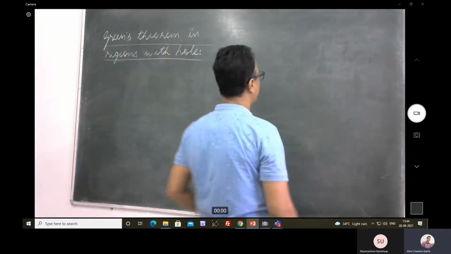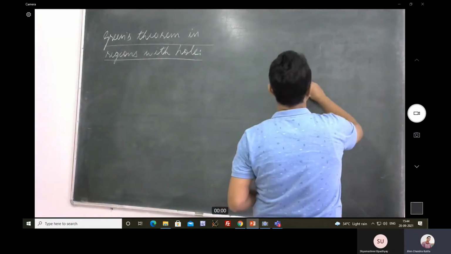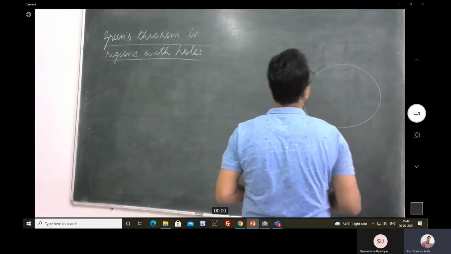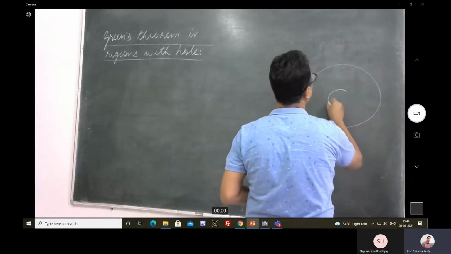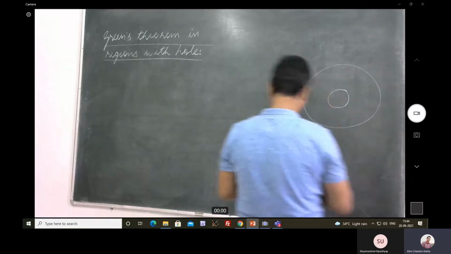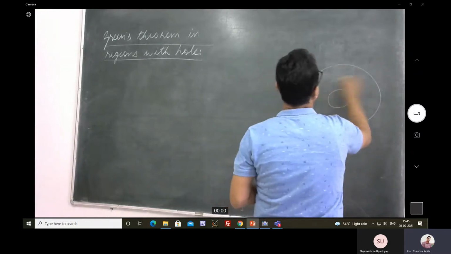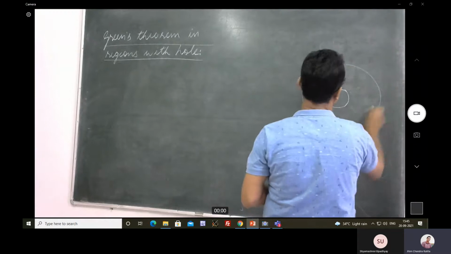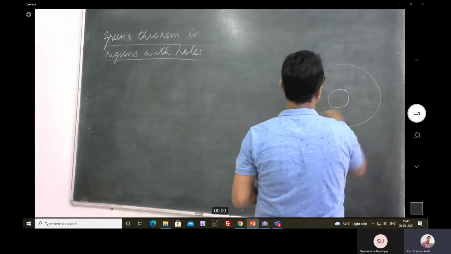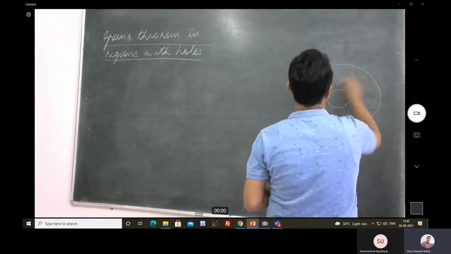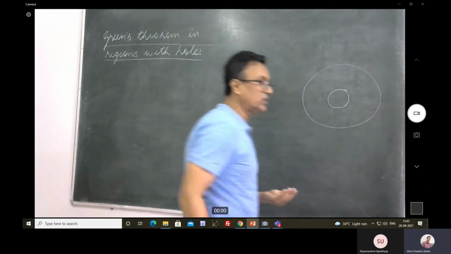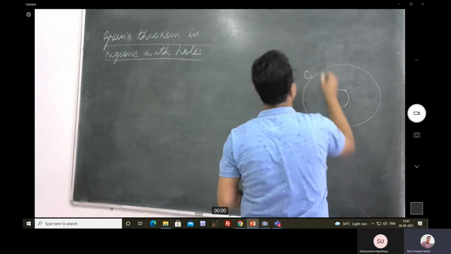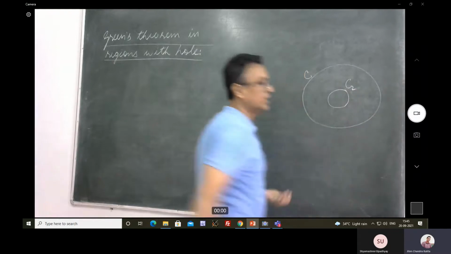Suppose I am considering a region bounded by these two curves. I still haven't shown any orientation of the curves. The shaded portion is the region under consideration, and suppose this outer curve is C1 and this inner curve is C2.